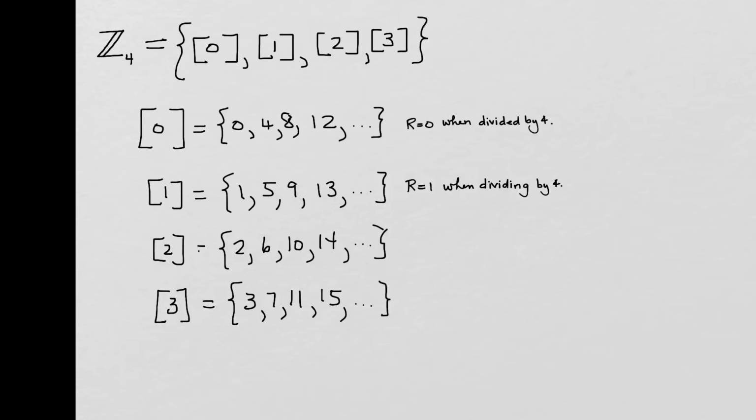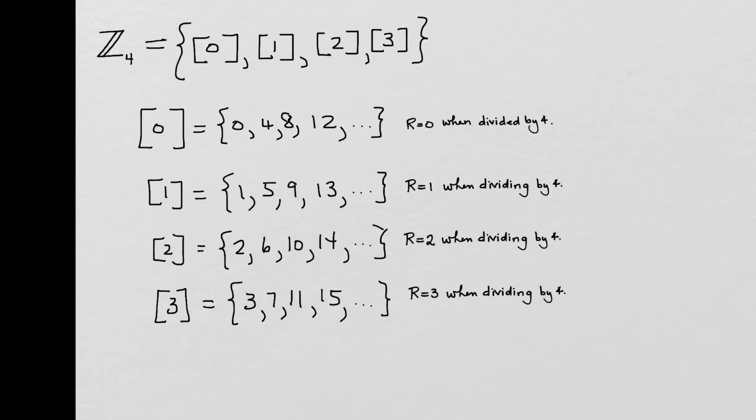And then we go on. The equivalence class for 2 gives you a remainder of 2 when dividing by 4, and the equivalence class for 3 gives you a remainder of 3 when dividing by 4.